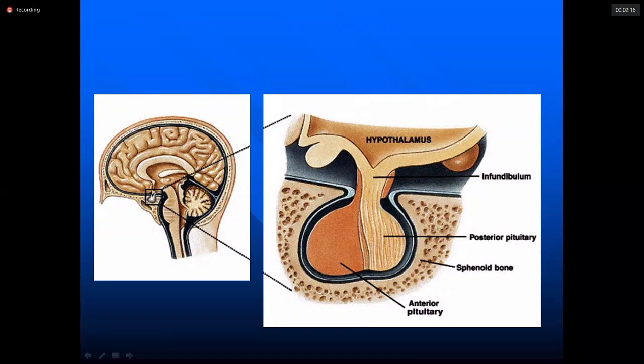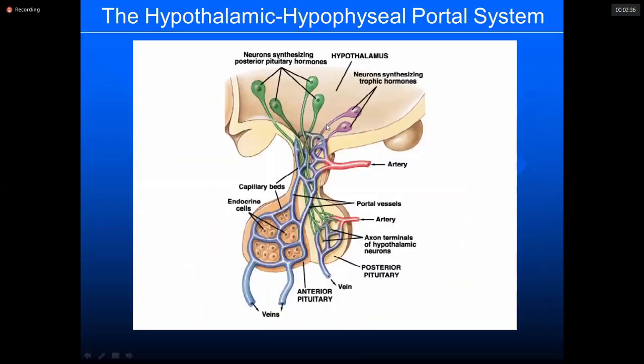واللوكيشن تبعها كمان نتذكر إنه فوقها بيجي الأوبتيك نيرف بمر الكيازم بيكون just يعني above اللي هو البيتيوتري stalk. So this will be explaining a lot of the manifestations in people who have pituitary disease.